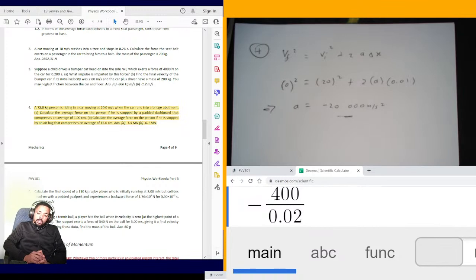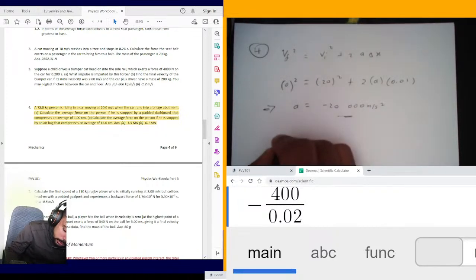And if you have the time it takes you to stop, then you can also calculate the impulse, because you have the initial and final velocity. You can use the impulse formula also. Okay, so let's see. You have the mass as well, so you can go.